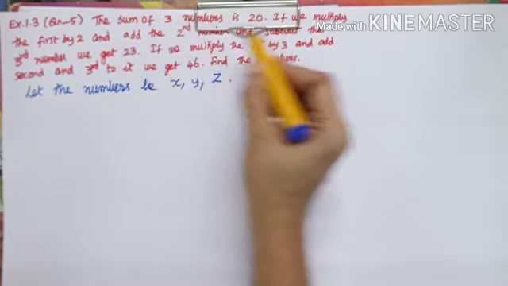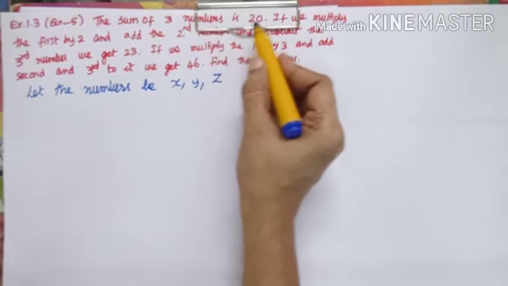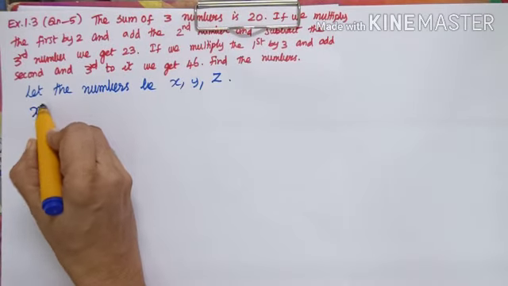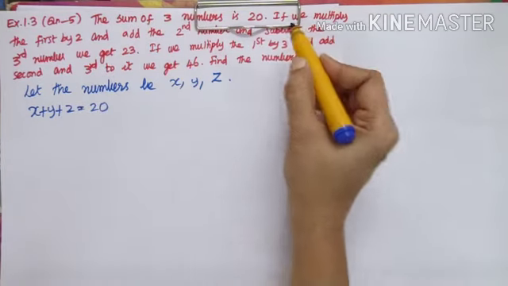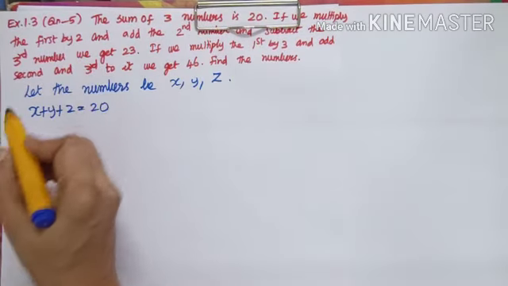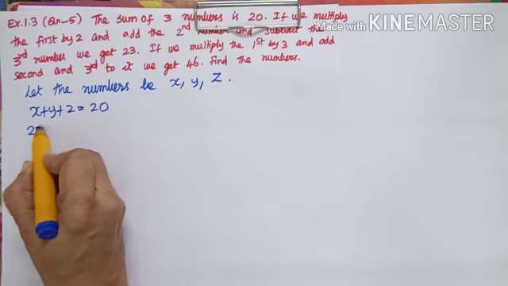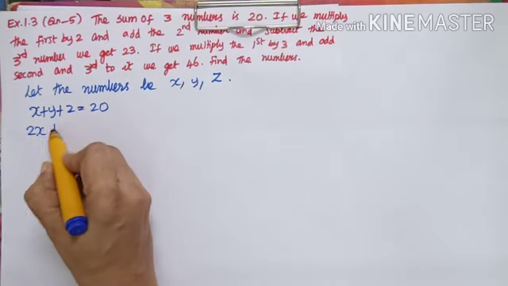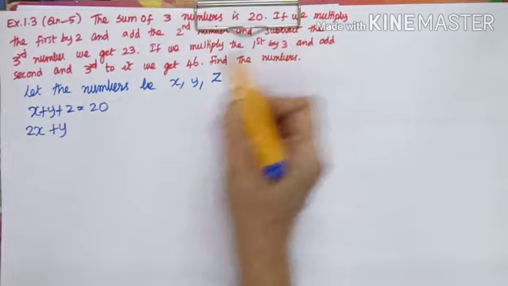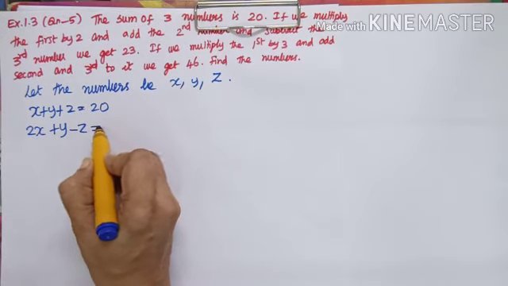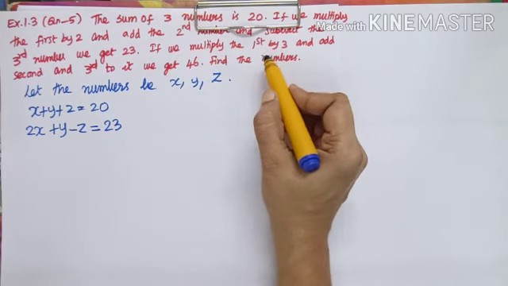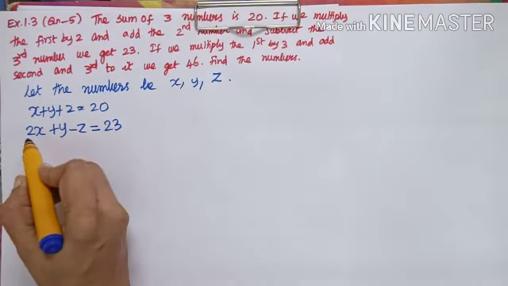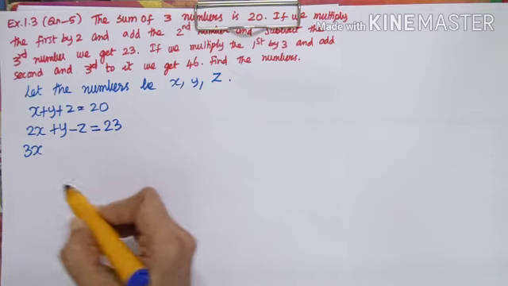Now from the first line, sum of the three numbers is 20. Adding it all, I get 20. If we multiply the first by 2, first is X, multiply by 2. Add the second, add Y. And subtract the third, minus Z, equals 23. And the third one, we multiply the first by 3. First is X, multiply by 3.